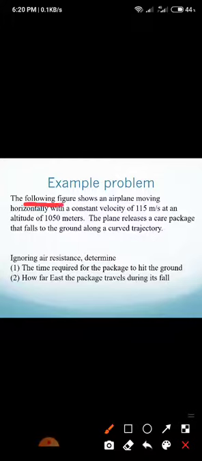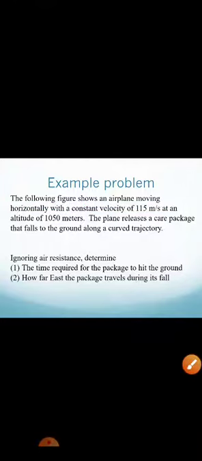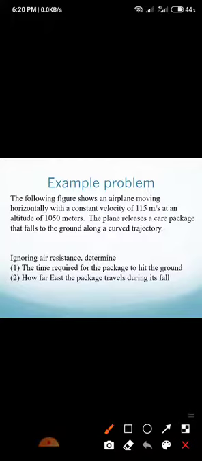The following figure shows an aeroplane moving horizontally with a constant velocity of 115 meter per second at an altitude of 1050 meters.